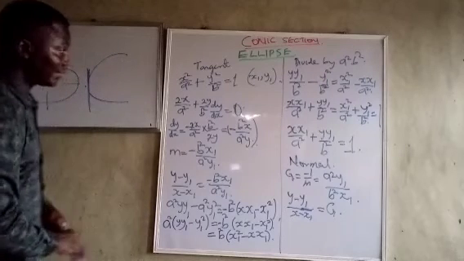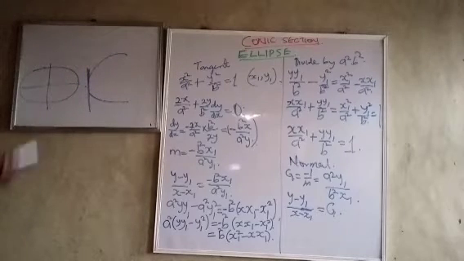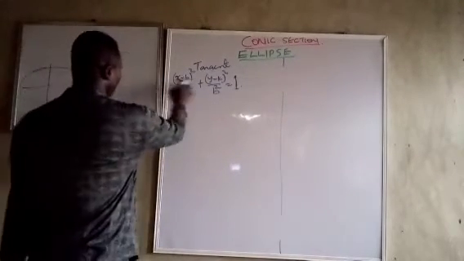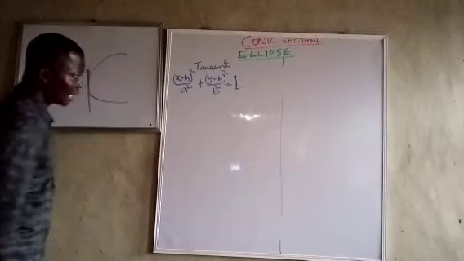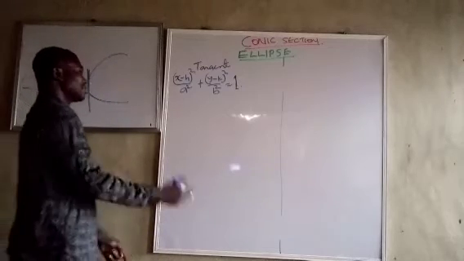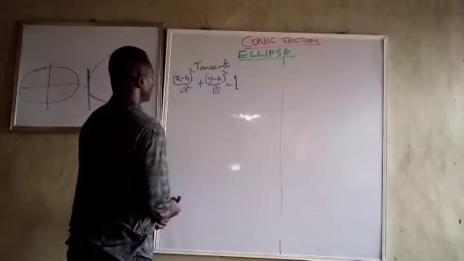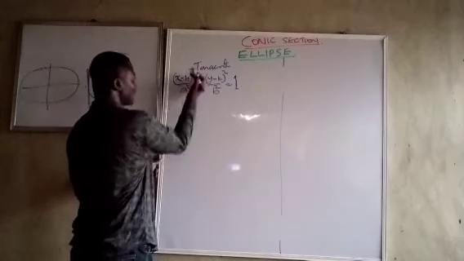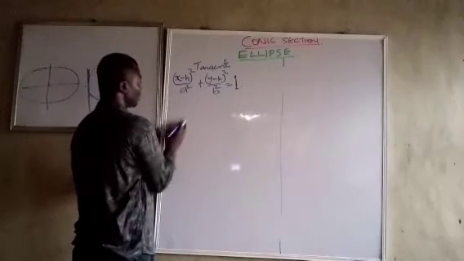Now let's quickly look at the other one. If the equation is x minus h squared over a squared plus y minus k squared over b squared, and you have to prove the equation of the tangent, let's look at what we do. We use our normal calculus to find this one too.